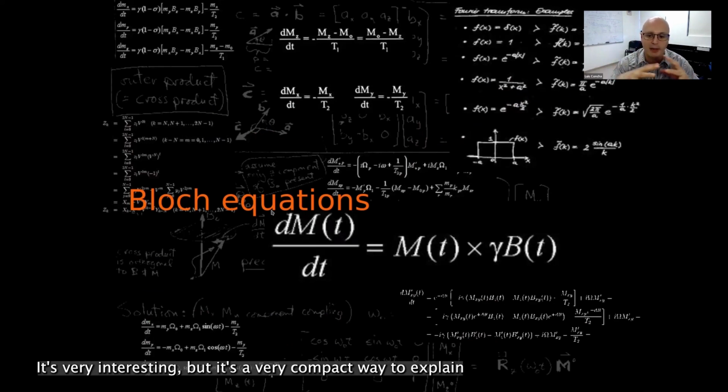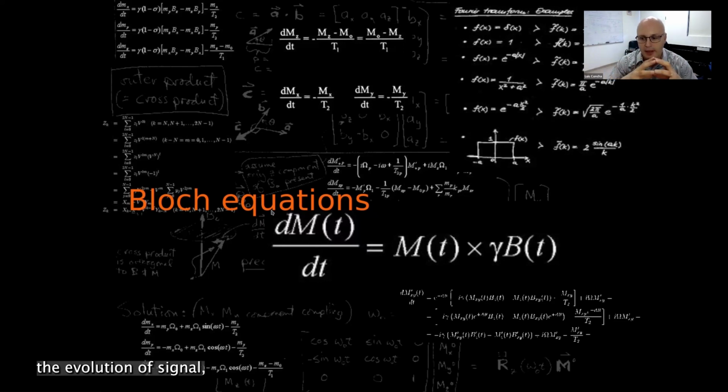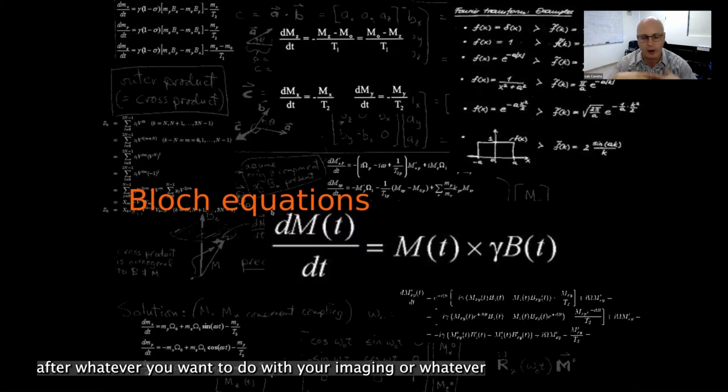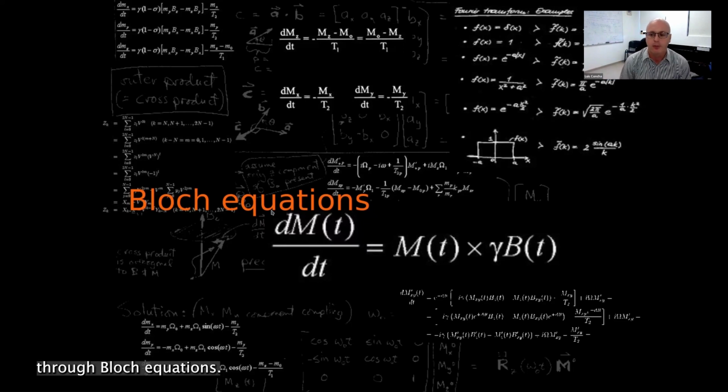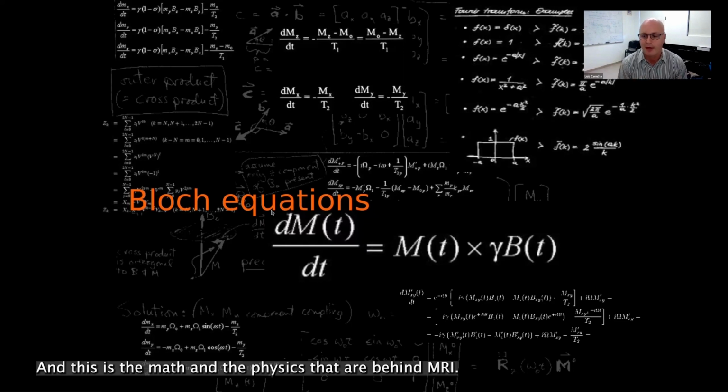It's very interesting, but it's a very compact way to explain the evolution of signal after whatever you want to do with your imaging. Whatever pulse sequence you want to do can all be neatly predicted through Bloch equations. And this is the math and the physics that are behind MRI, and it's all a very interesting avenue of study.